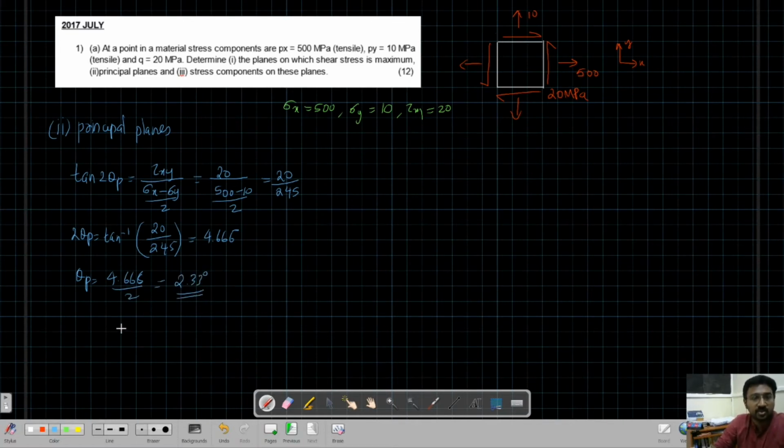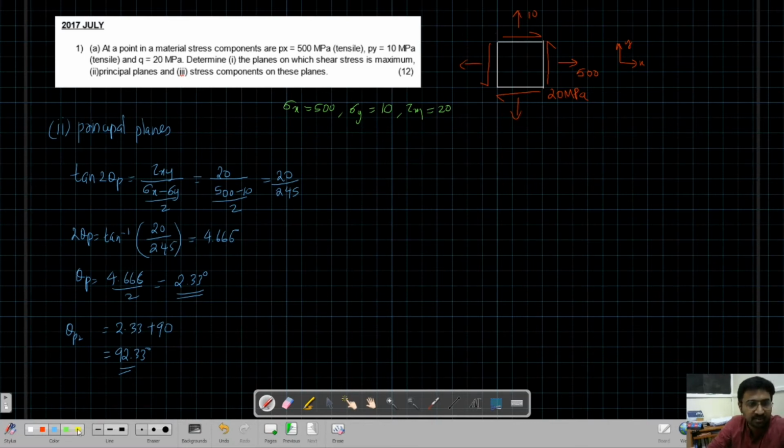So this is one principal angle. The second principal angle we can find by adding 90 degrees to this: 2.33 plus 90, equal to 92.33. Okay, so these are the two principal planes.